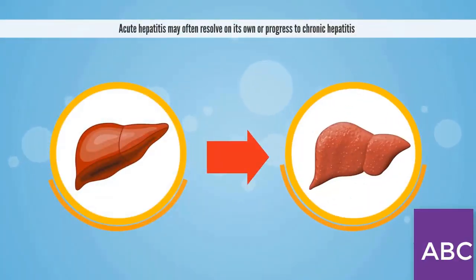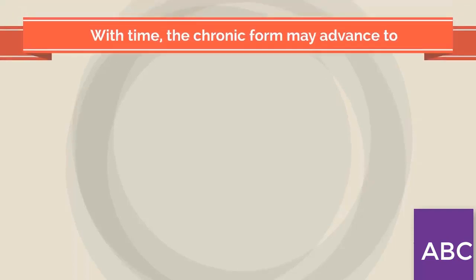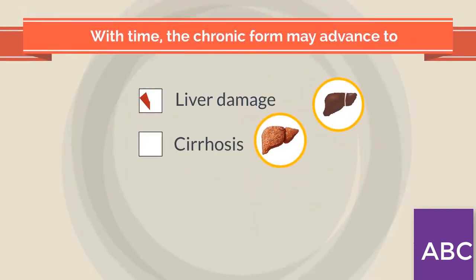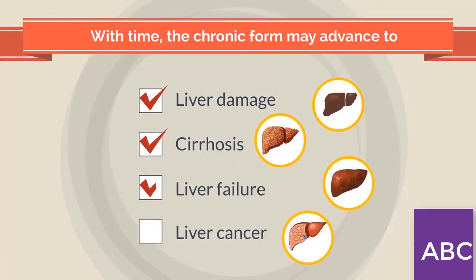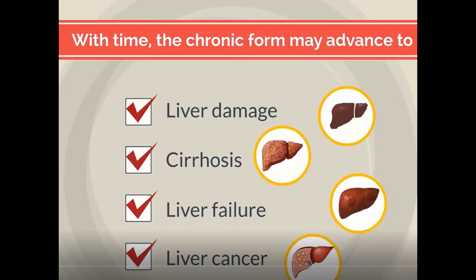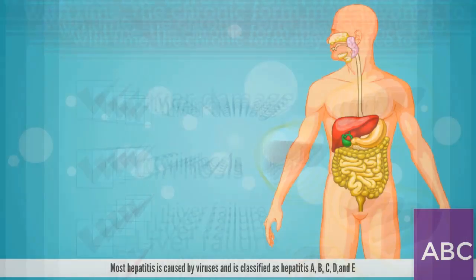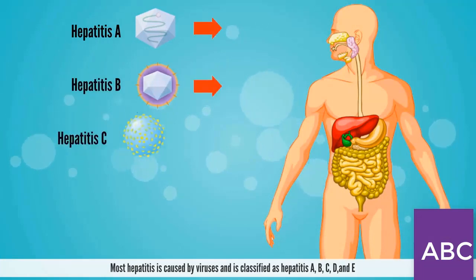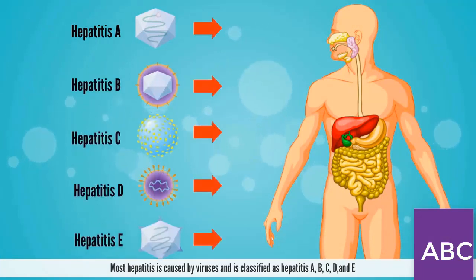Over a period of time, the chronic form of hepatitis may progress to liver damage, then liver cirrhosis, liver failure, and finally liver cancer, if not treated. Most hepatitis is caused by viruses and is classified as hepatitis A, B, C, D, and E.